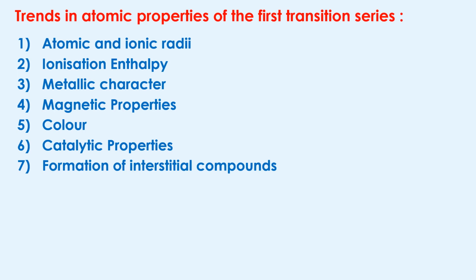So first one is atomic and ionic radii, second is ionization enthalpy, third is metallic character, fourth is magnetic property, fifth is color, sixth is catalytic property, seventh is formation of interstitial compounds, and the last property is formation of alloys.